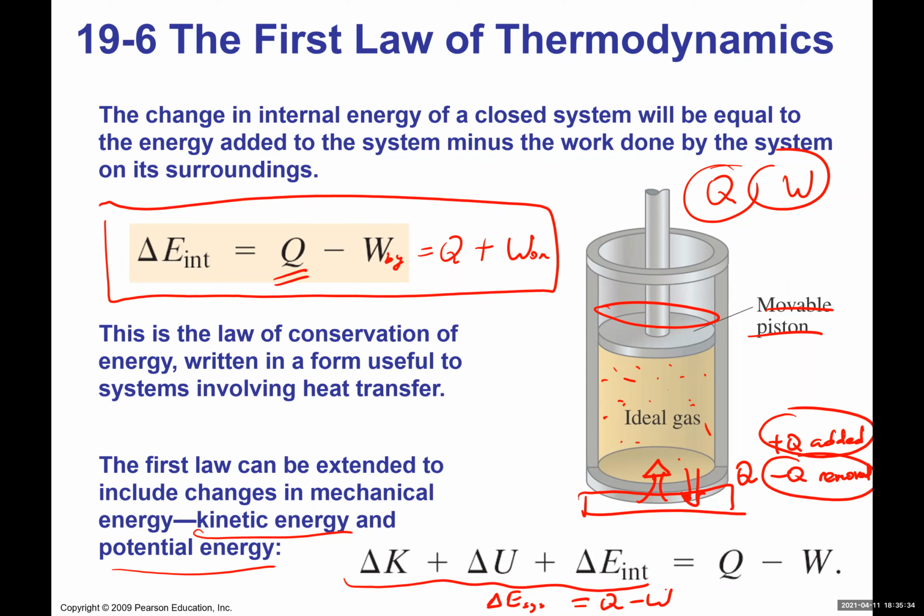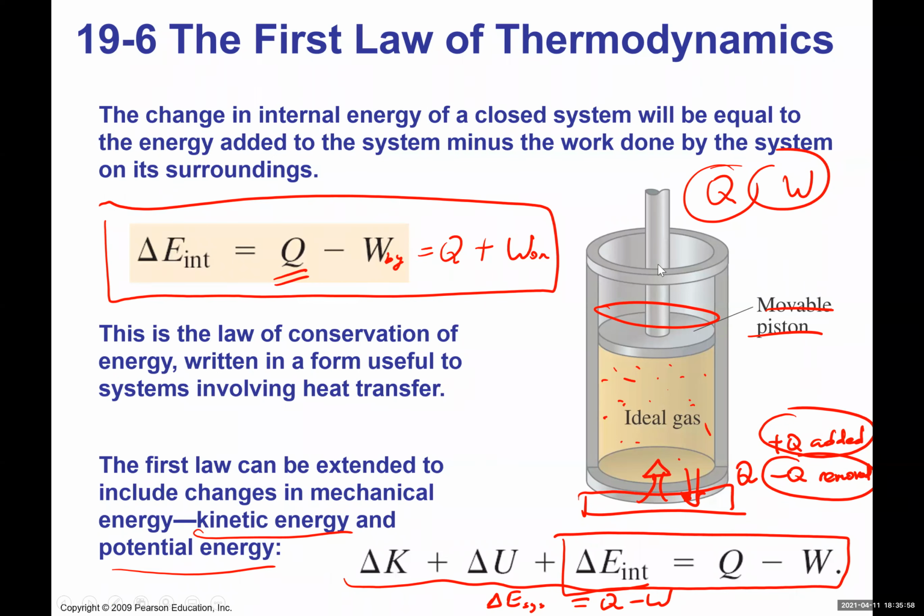But most of the time when we're talking about the first law of thermodynamics, we only concern ourselves with the internal energy of the system. That means the change in internal energy of the system equals the heat transfer into the system, which is Q, plus the work done on the system, or heat transferred minus work done by the system.